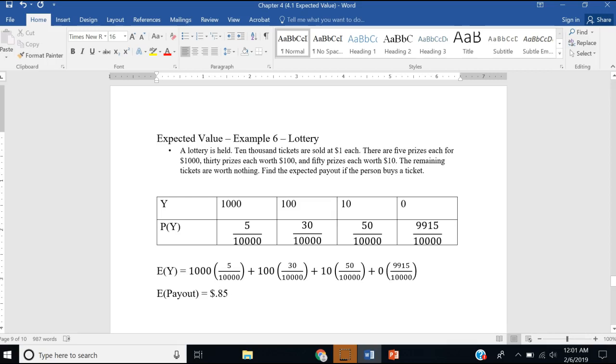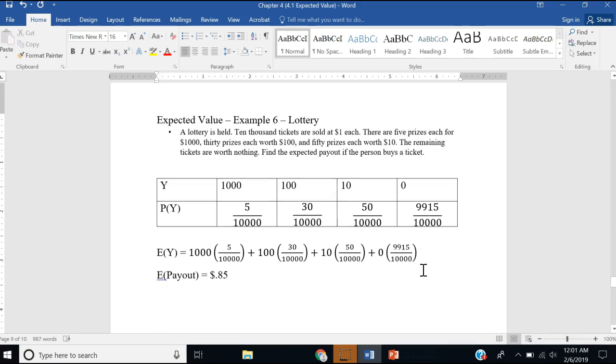Now, what does that mean? What that means is that for each dollar you spend, on average, you get back 85 cents. Now, is that a good deal?